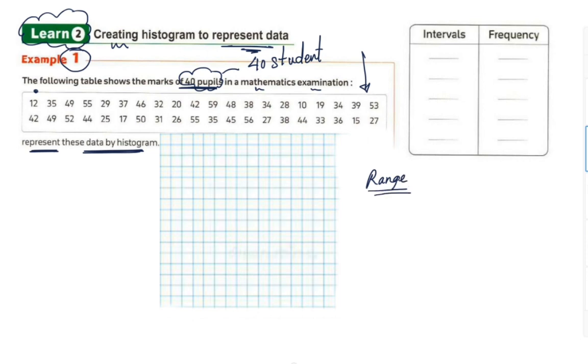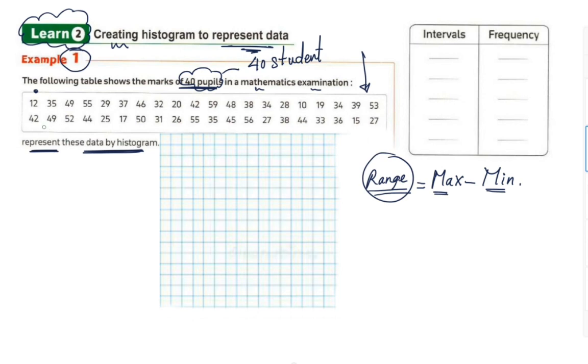What's range? To draw a histogram, first we need to find the range. Range equals maximum value minus minimum value. Now look here at this table and look for the minimum mark.